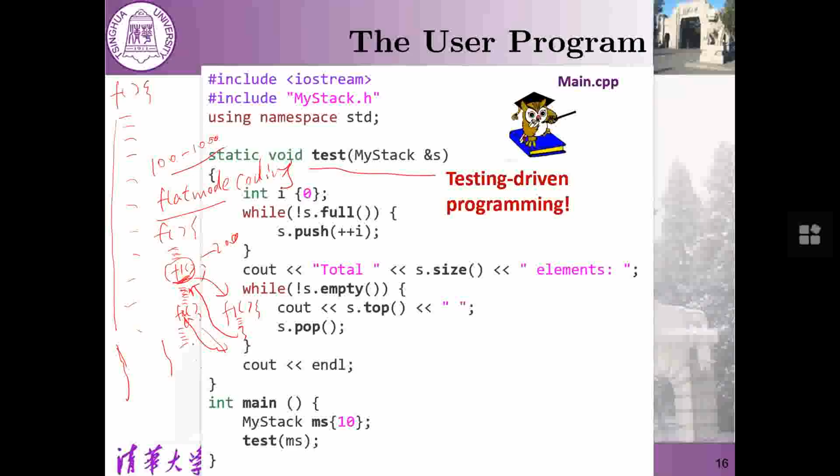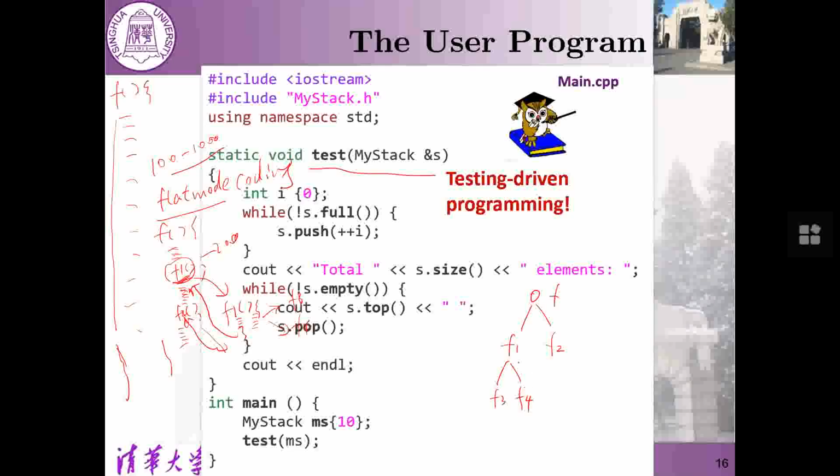Like this. I call this top-down programming for F, and then maybe there's F1, F2, and when you write F1, you are still going to other parts. Maybe you are going to F6, F3, F4, like this.